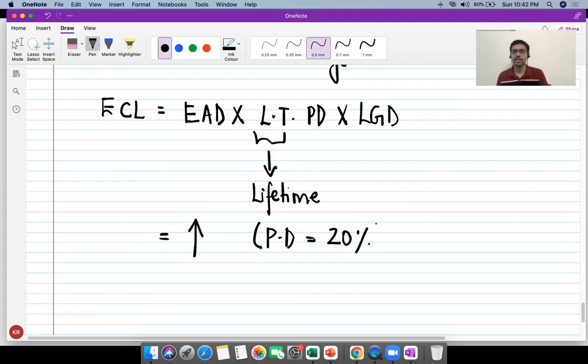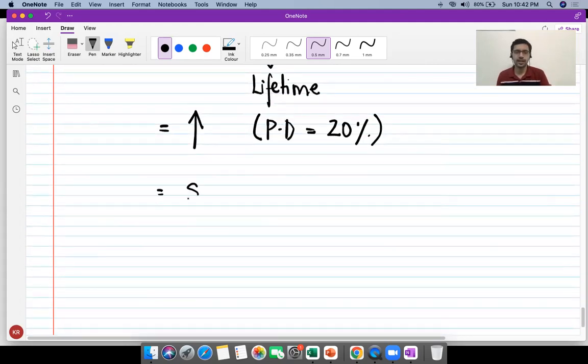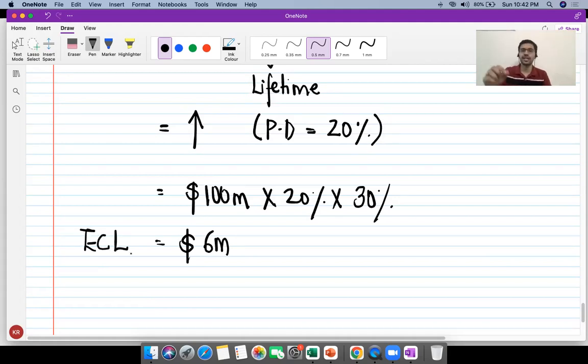So my ECL is going to be $100 million multiplied by 20% multiplied by 30%, which is the loss given default. And this is now $6 million. My ECL at 31st of December 2022 has become $6 million.